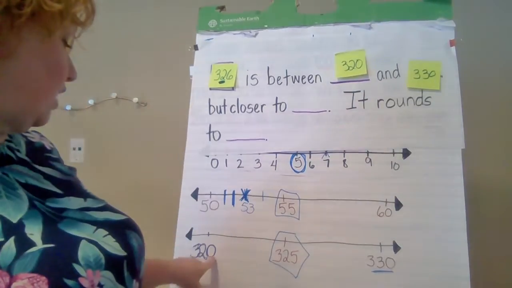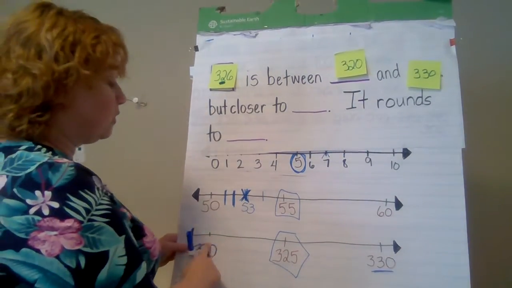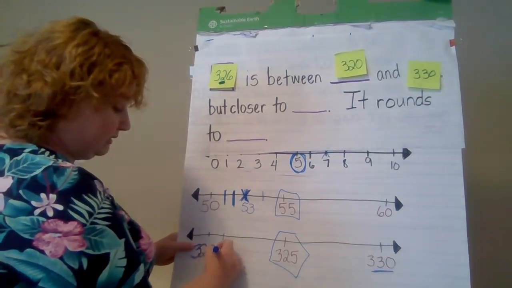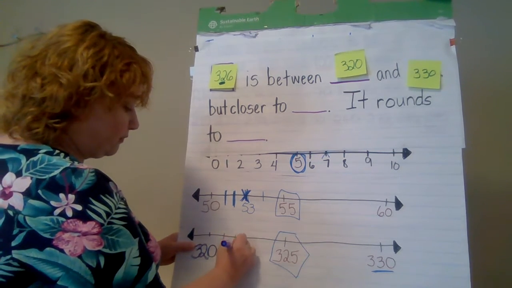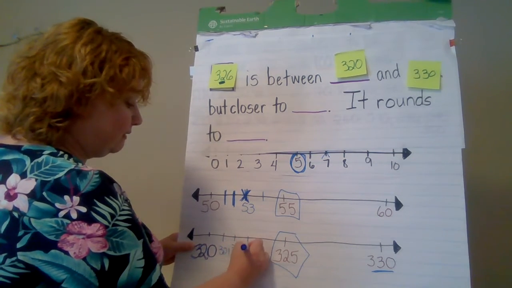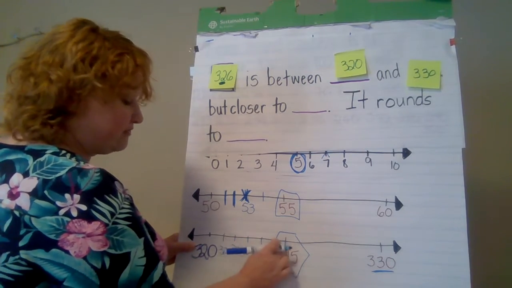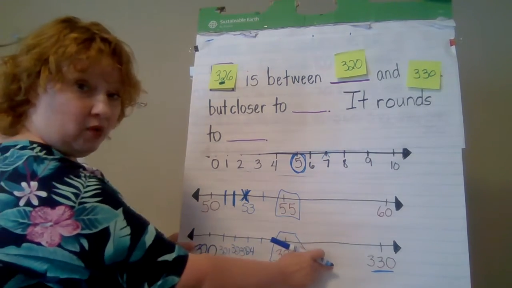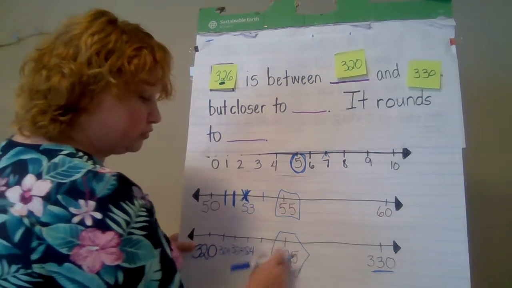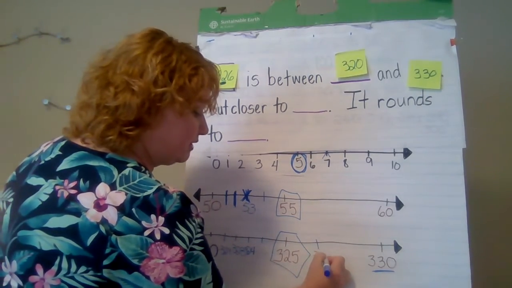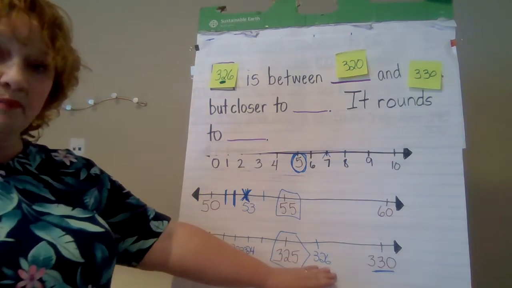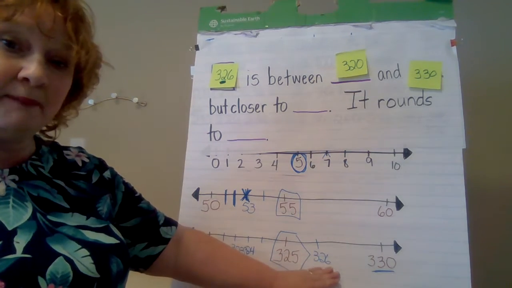So which one is it closer to? Let's see, 320, 321, 323, 324. Then we have 325. I have to keep going until I hit 326. 326. I can stop right there because I've counted up to my number.